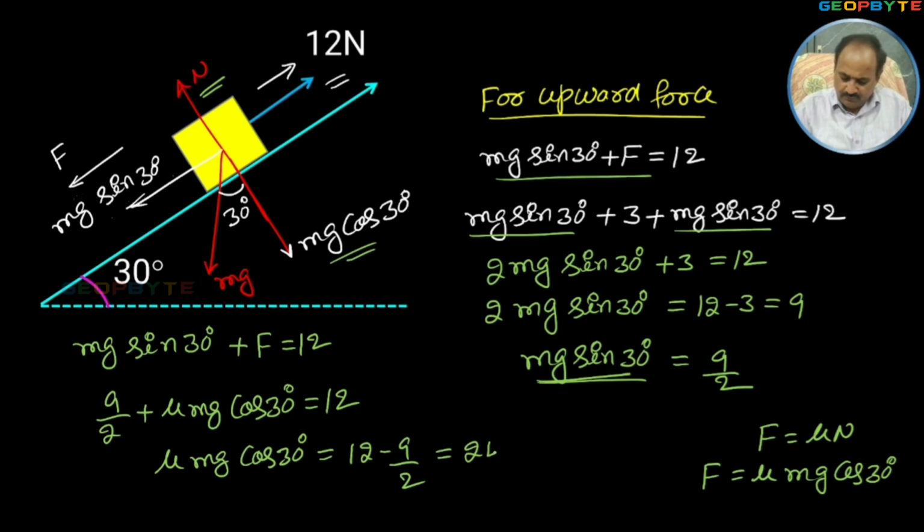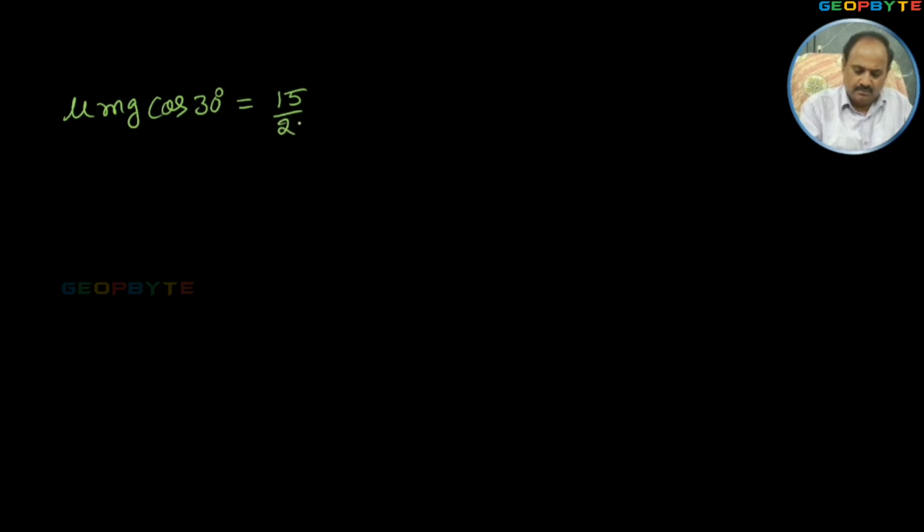So it is 24 minus 9 by 2 equal to 15 by 2. That is the mu mg cos 30. Let's take another slide. Here you got mu mg cos 30 equal to 15 by 2, you got it.